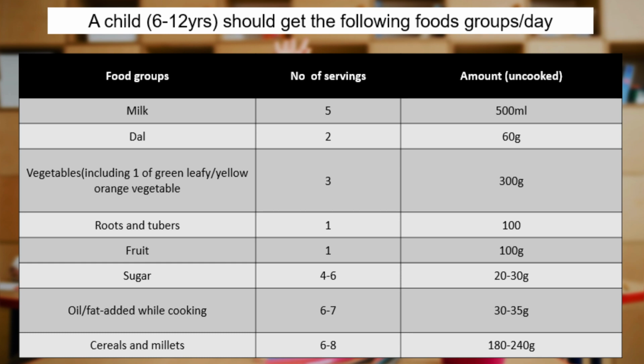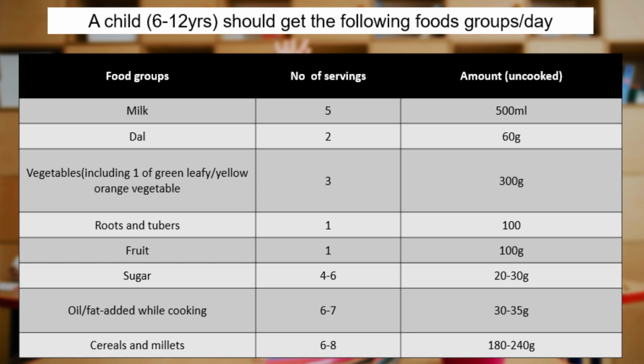Vegetables should include yellow, green and orange colored vegetables, around 3 servings, means 300 grams. Roots and tubers like potato, onions could be 1 serving, means 100 grams. At least 1 fruit should be taken by a child per day.